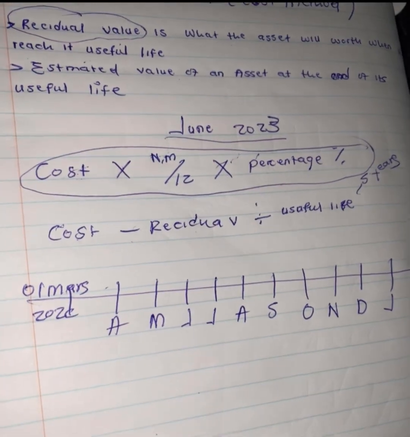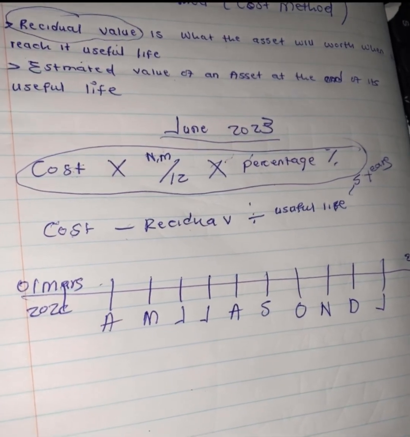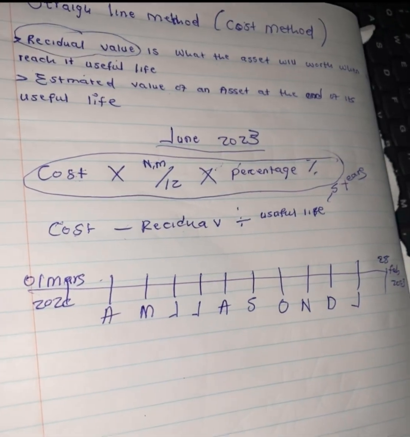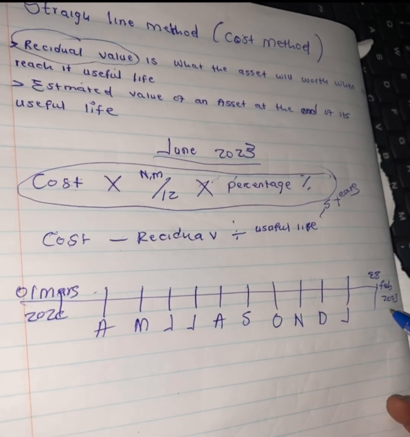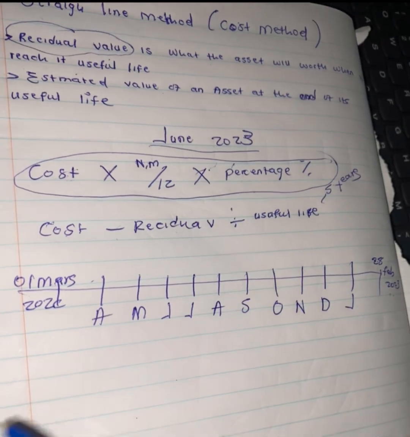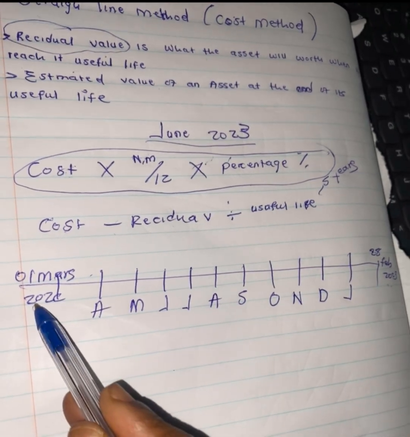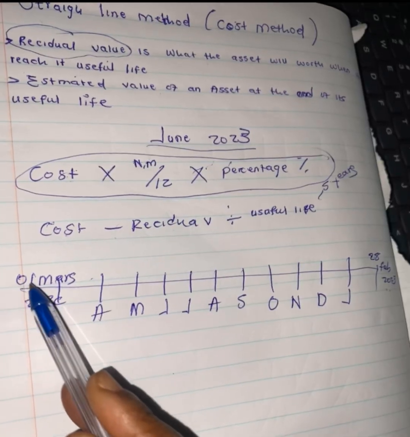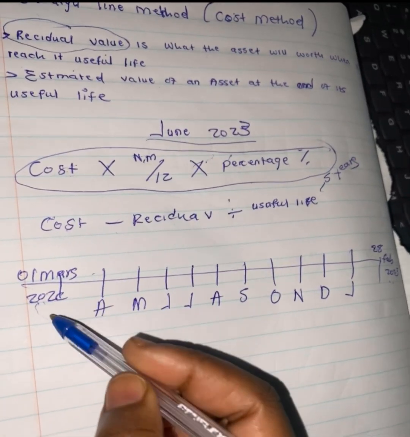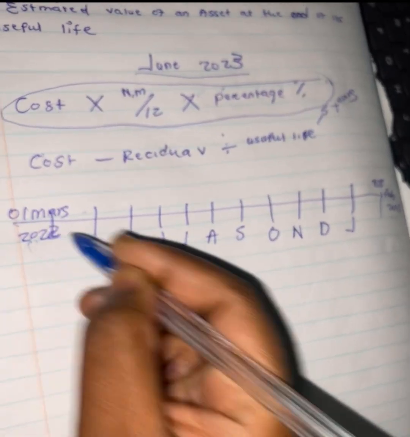Let's look at this question paper, which is June 2023. They say the accounting period ended on the 28th of February 2023, which means it started on the 1st of March 2022.